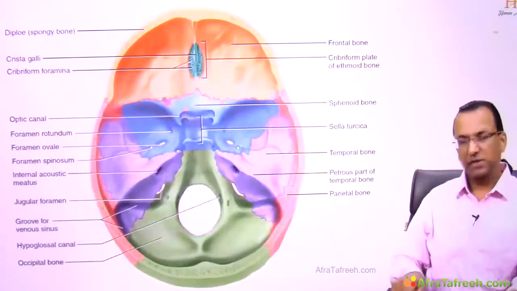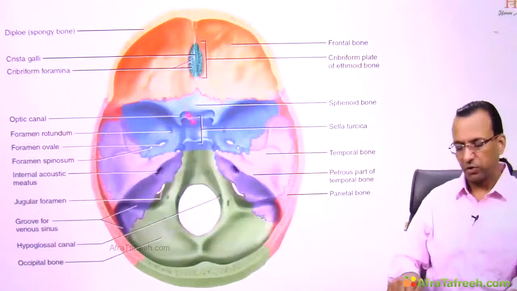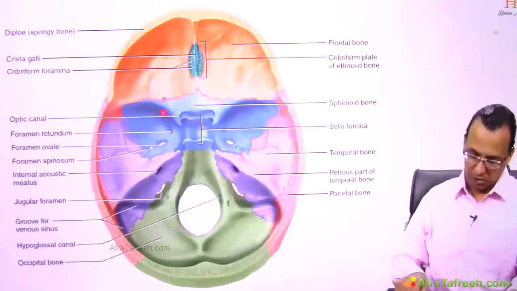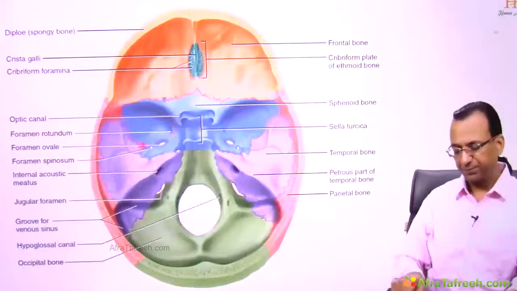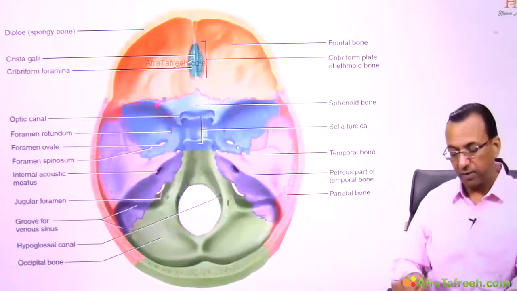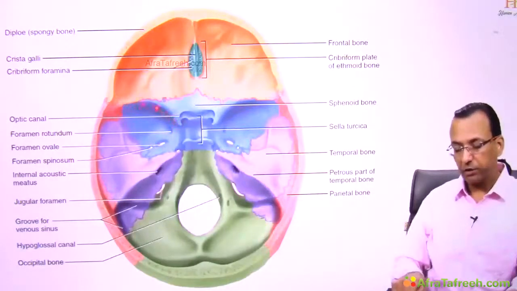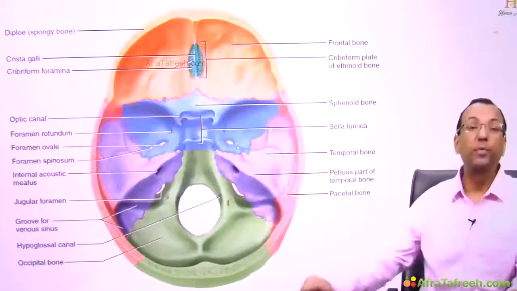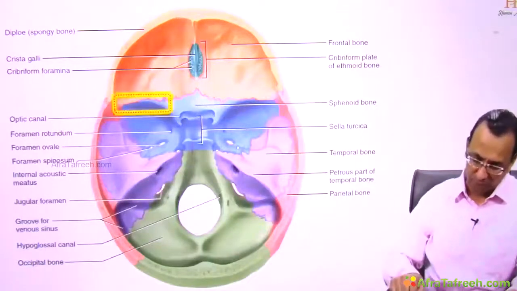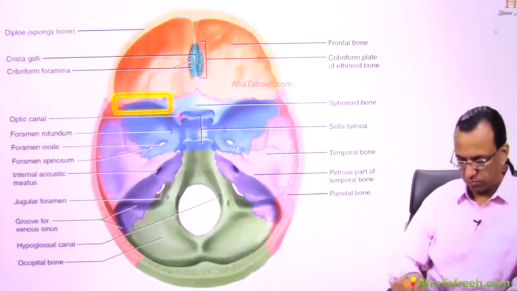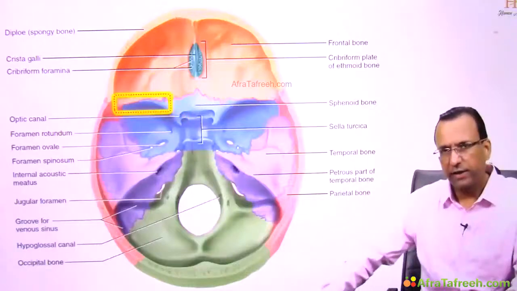That must be the lesser wing of sphenoid, the floor of the anterior cranial fossa, roof of the orbit. And what is this bone? Having 3 openings, that must be the greater wing of sphenoid. And what is the gap between the two? Gap, yes, I know. Superior orbital fissure.